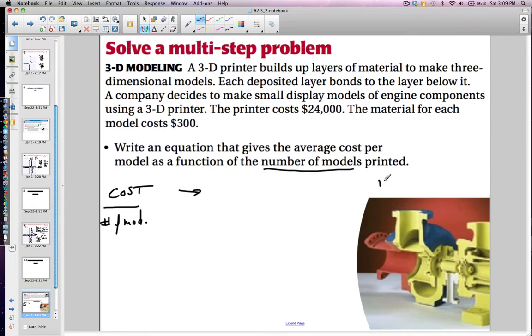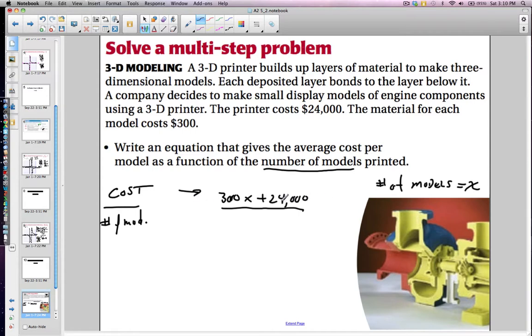So if we set the number of models to be equal to X, let's say, then I know that the cost will be the cost per model, 300, times the number of models, that's X, plus the cost of the printer, 24,000.